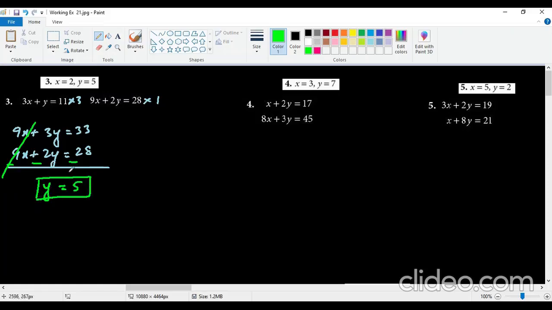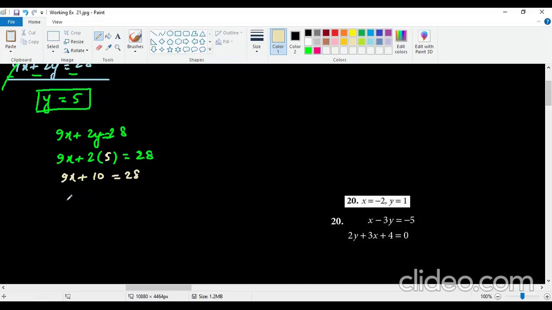I can put this y value in any equation I feel like. So 9x plus 2y equals 28 is the equation, and in place of y I will write the value of y, 9x plus 2 times the value of y, which is 5. So 9x plus 10 equals 28, and 9x equals 28 minus 10.